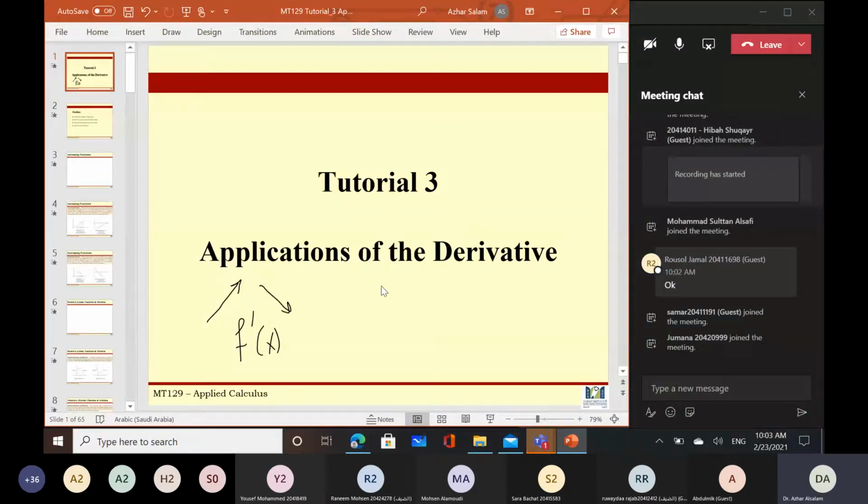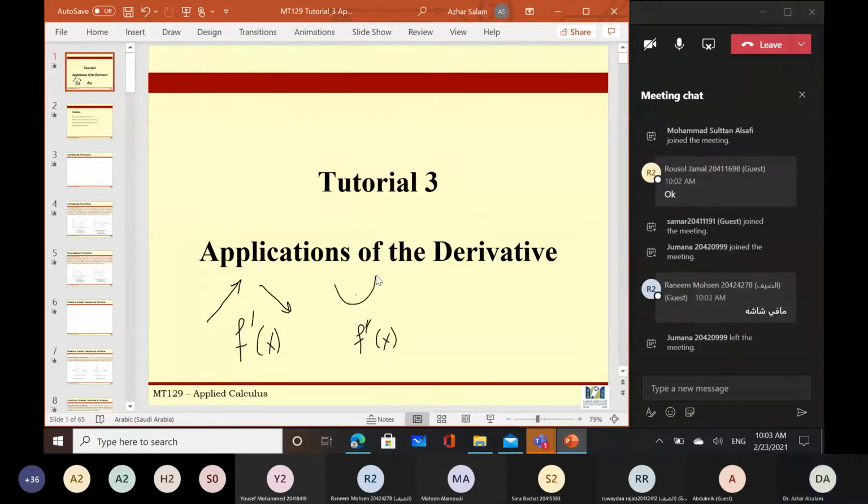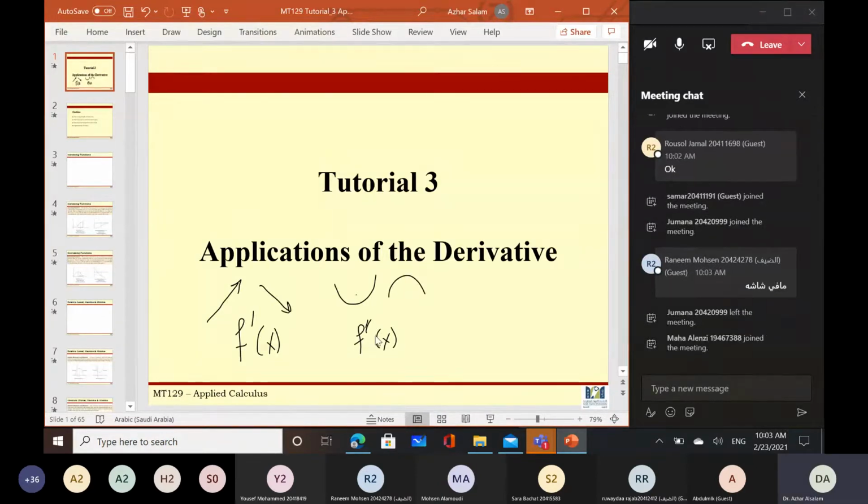Also, the second application that we dealt with was the second derivative test, f double dash of x. I can conclude the concavity from the second derivative. I can find which function is concave up in some intervals and or concave down using the second derivative.